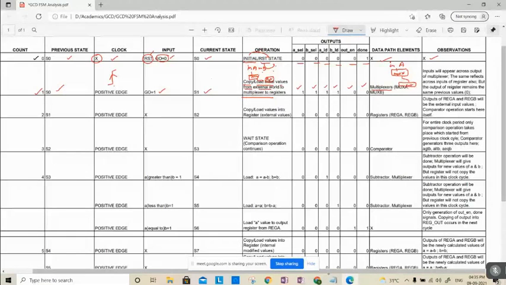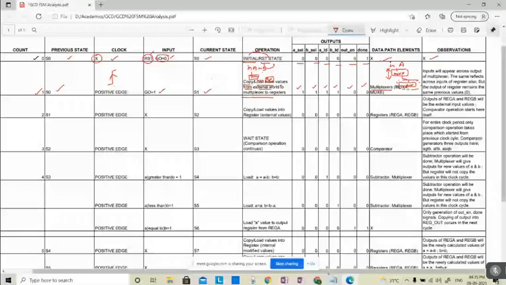Now this register will not respond until a positive clock edge is given, and hence the only data path element active in this state is the multiplexer. Is that clear for everyone?